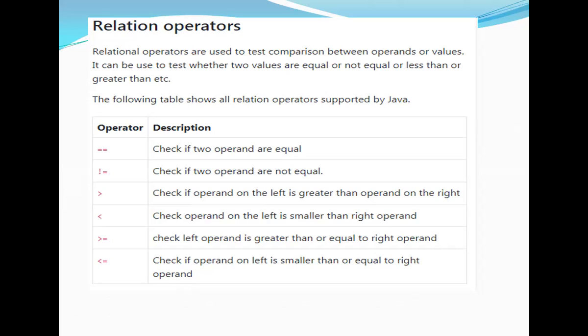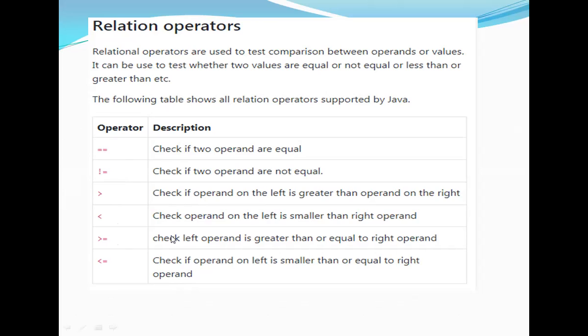Whatever value is assigned to A equals B, then only you terminate the program. For that we use the operators double equal and not equal. If A not equal to B, then only you keep increasing. Greater than means A greater than 3. Less than means B less than A. Equal to means till 3 or greater than 3. For this, we use these relational operators.